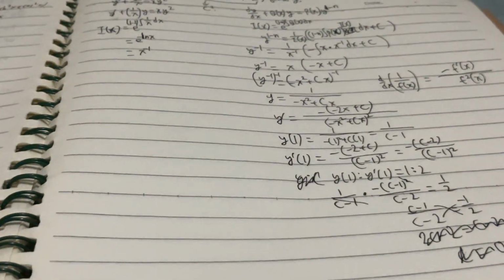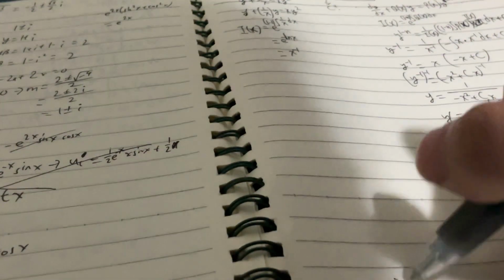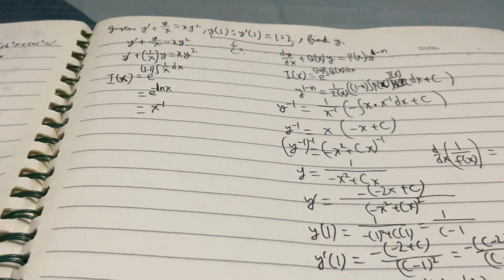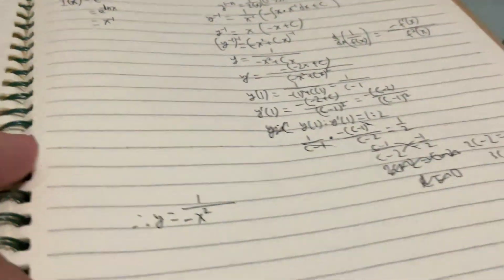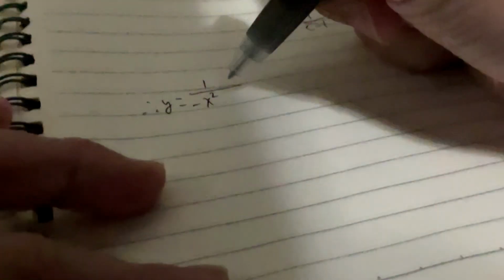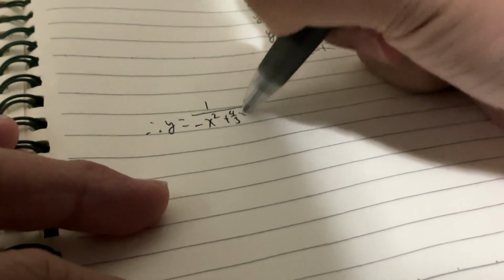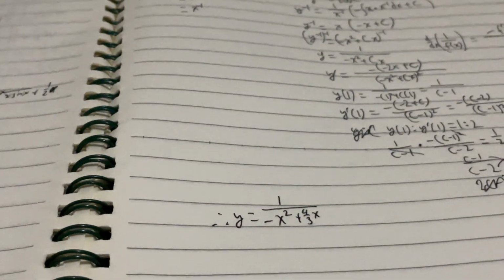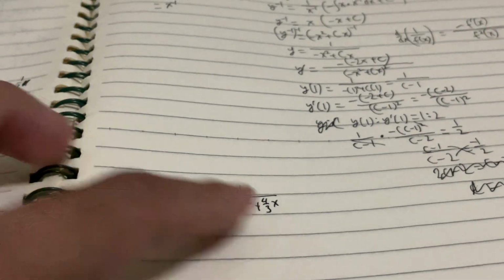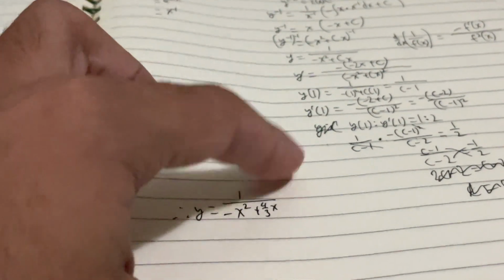Therefore, our y is just equal to 1 over negative x squared plus 4 over 3 x, like that. And then we can simplify it a little bit. Multiply by 3 on both top and bottom.